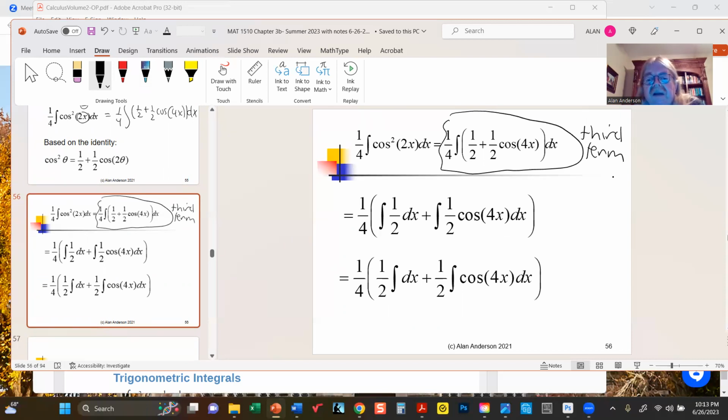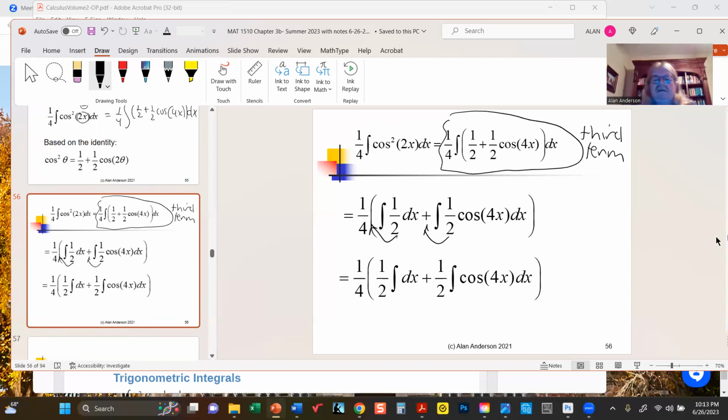So we have 1/4 integral 1/2 dx. We're distributing this over the dx, integral of 1/2 cosine 4x dx. Oh, I see. I was wondering what this step was for. I just moved these outside. Okay.